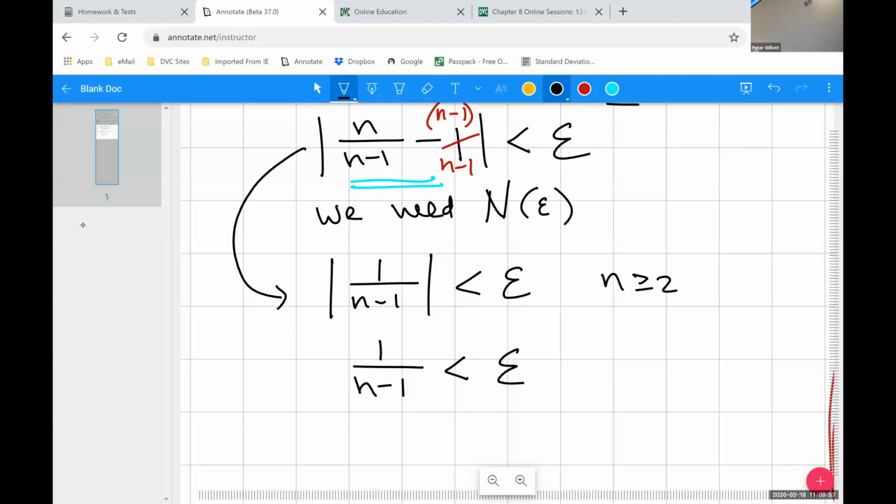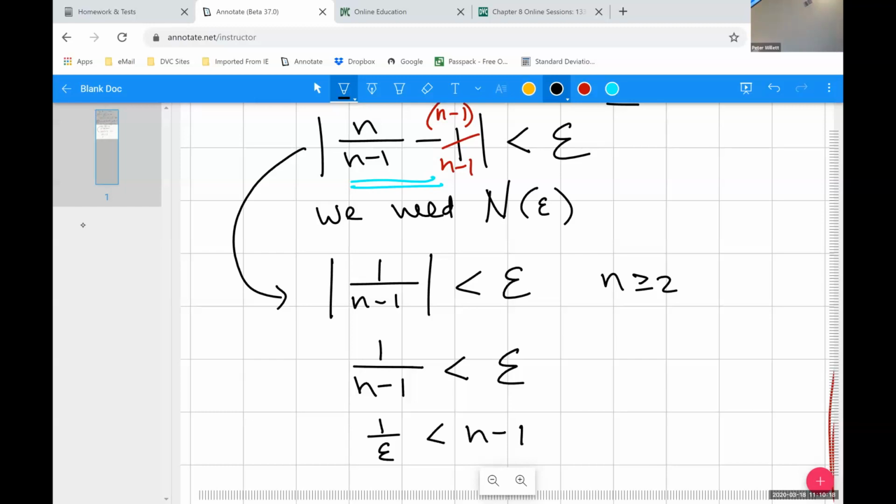So this is an inequality, and I can multiply both sides by the denominator and divide both sides by epsilon to manipulate this a little bit. This then converts to 1 over epsilon is less than n minus 1.